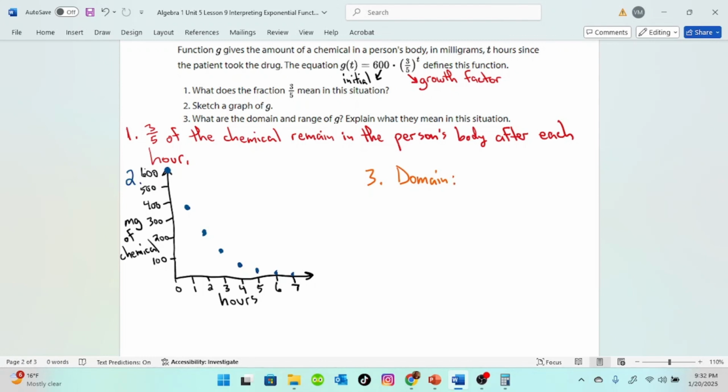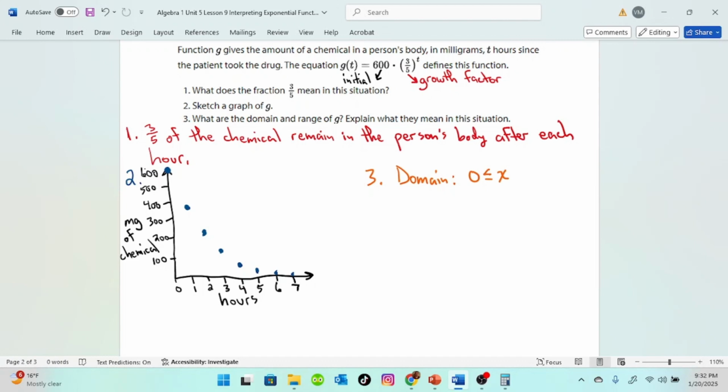That is going to start at 0, and it does equal 0, and then it's going to go all the way to infinity, because we're never actually going to hit 0 mathematically.